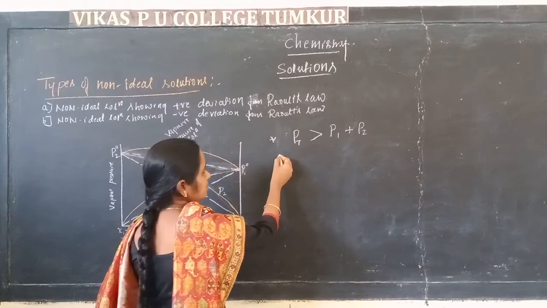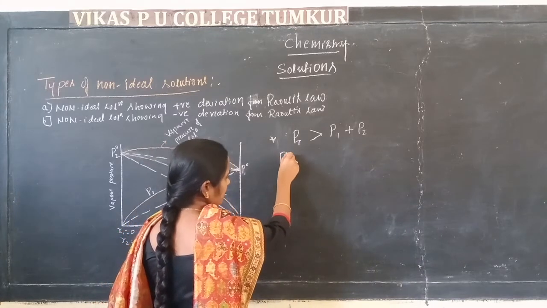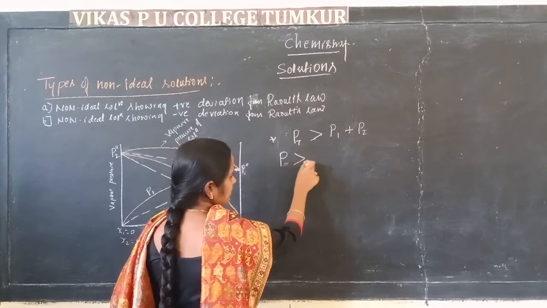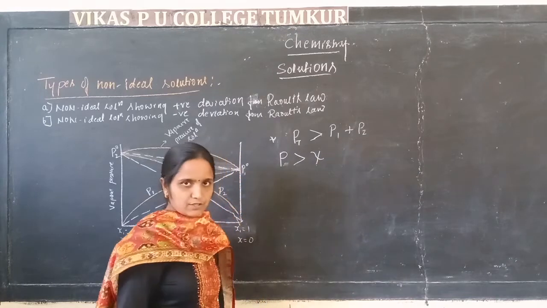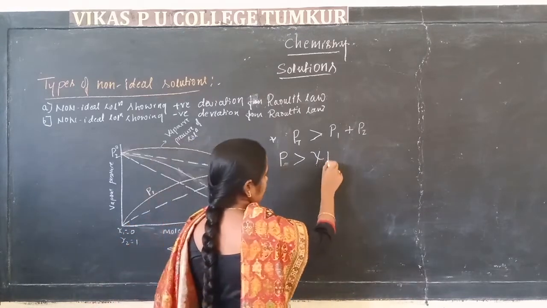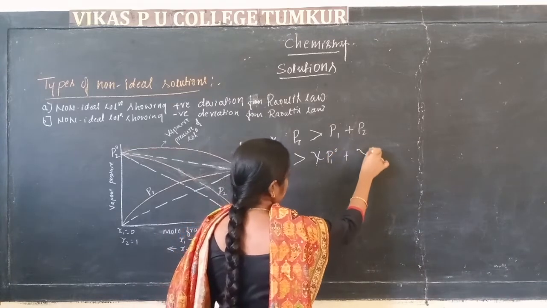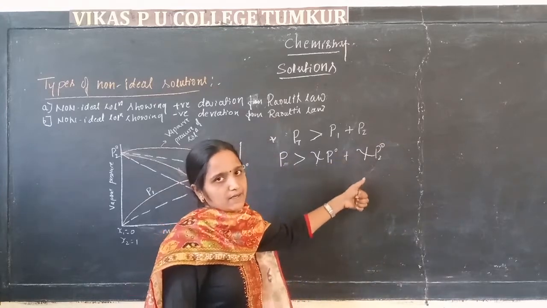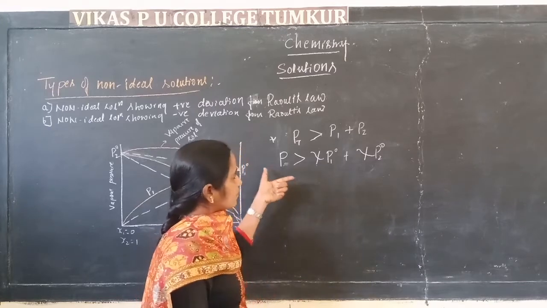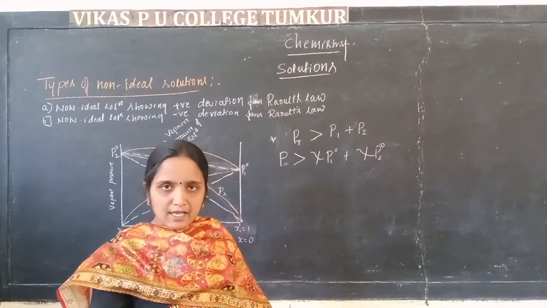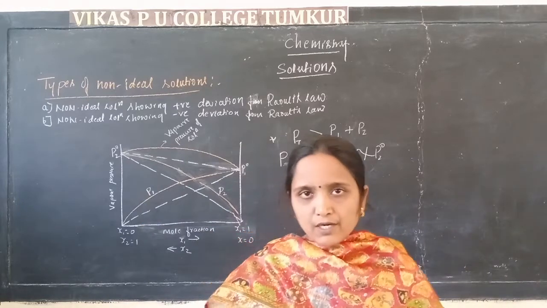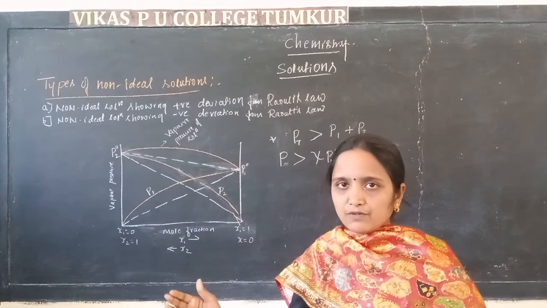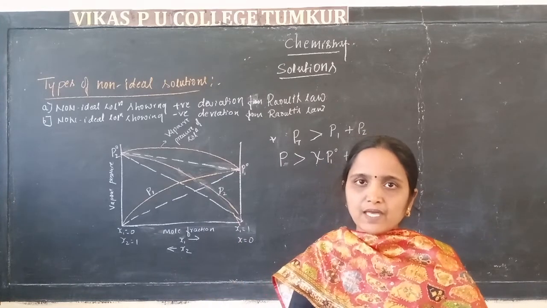Otherwise, we can say the vapor pressure of the solution is greater than the mole fraction times P1 naught plus the mole fraction times P2 naught, that is, the pure solvent and pure solute. This is the first characteristic. The measured vapor pressure of these types of solutions is higher than the pressure calculated from Raoult's law.